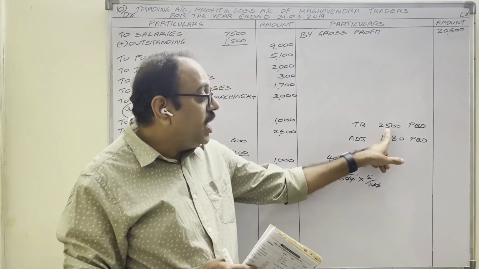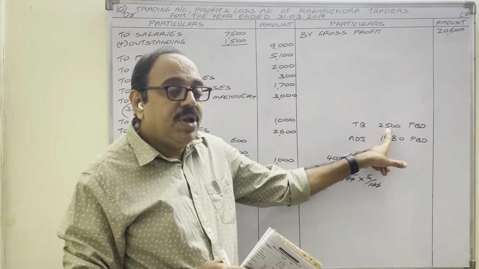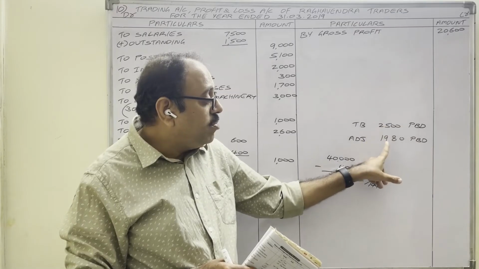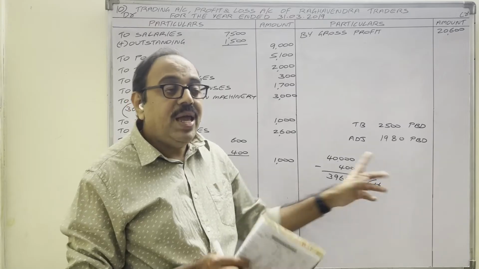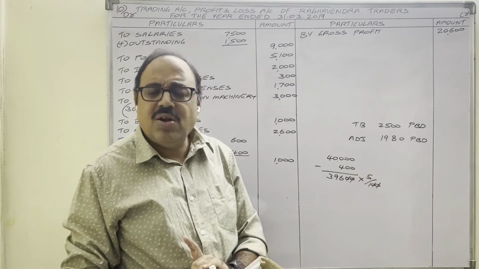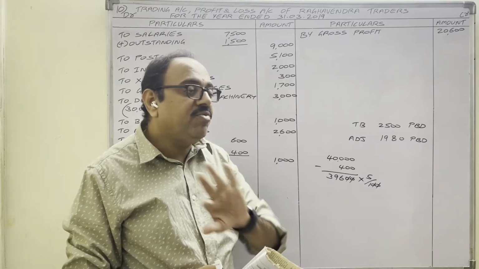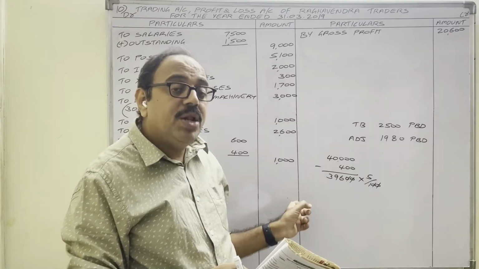Means last year extra we have saved. So how much extra we kept aside towards provision for bad debt? 2500 minus 1980, 520 rupees. So 520 extra we saved last year, not necessary. So now what to do? To current year profit, that 520 we should add. See, profit and loss account is a nominal account.